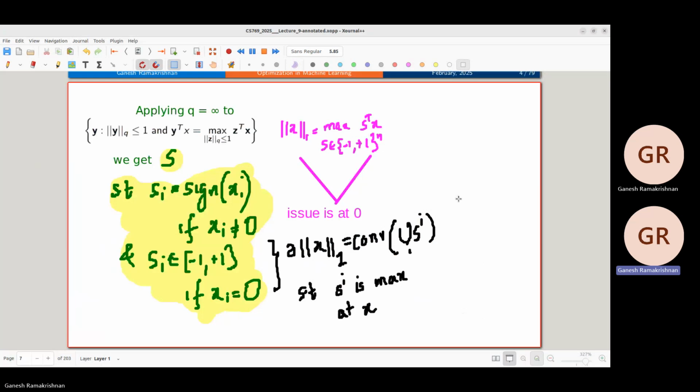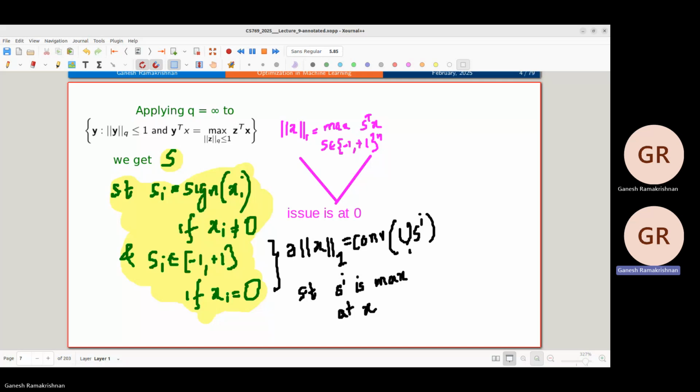What can Si be if Xi equal to 0? Anything in the closed interval minus 1 to plus 1 if Xi is equal to 0. Why? Because I lose nothing, right, by making it anything in this interval. Okay, so this is the final expression. Obviously, the way you write minus 1 plus 1 could also be as a convex hull. The closed interval minus 1 to plus 1 is a convex hull of minus 1 and plus 1.